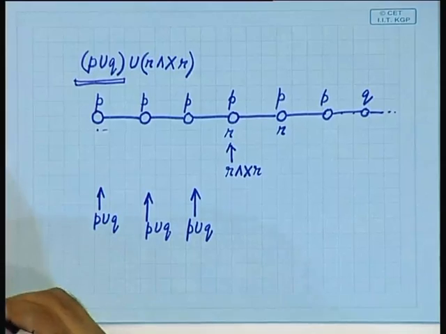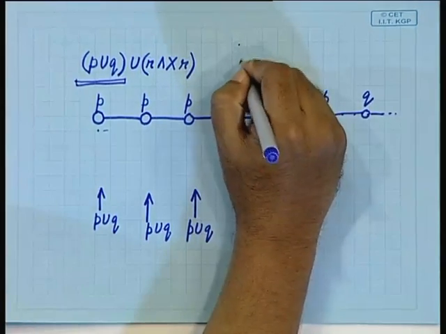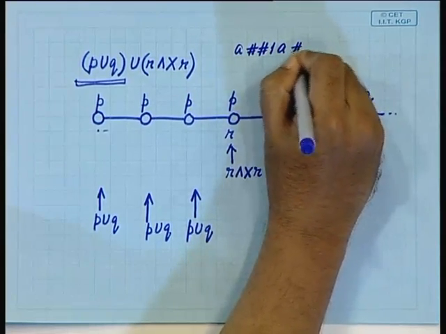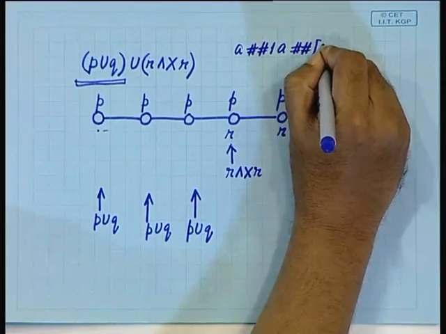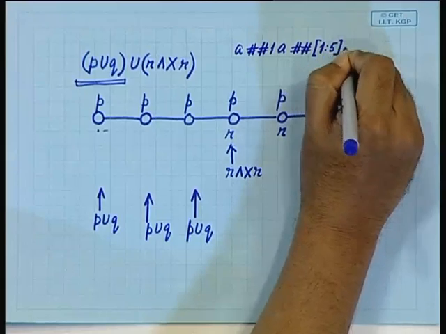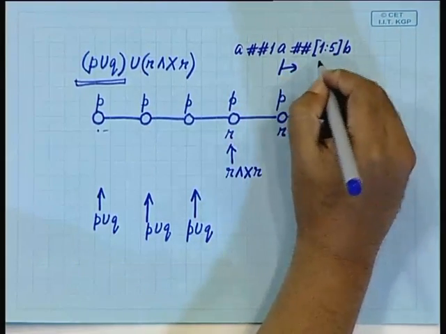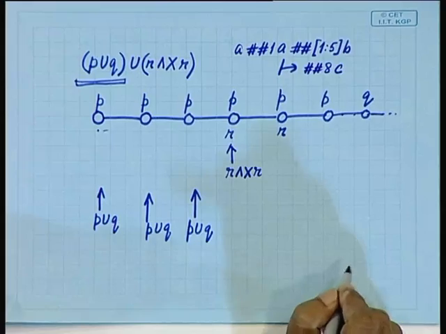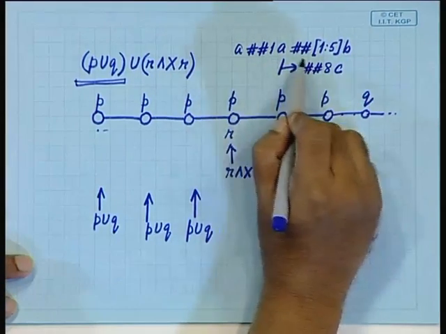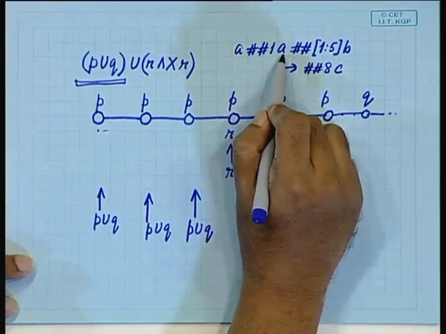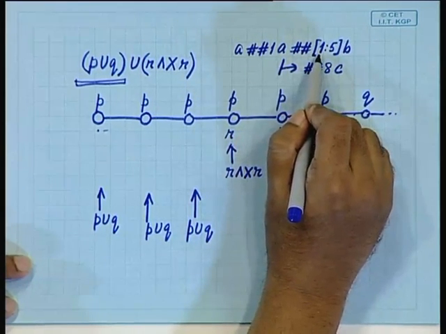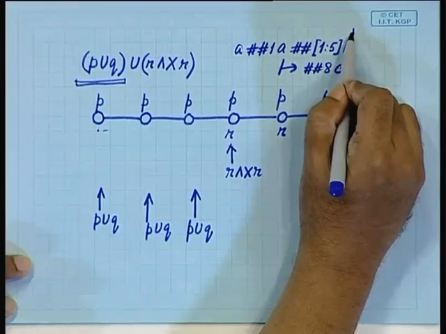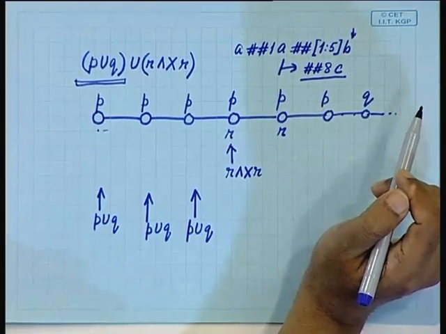So, when I have something like A hash 1 A hash 1 to 5 B, and then an implication, then hash 8 some C, then from left to right we must first match A, then after one cycle we must match A, then within the next 5 cycles we must match B, and only when this has matched, from that point onwards we are going to start matching this one.